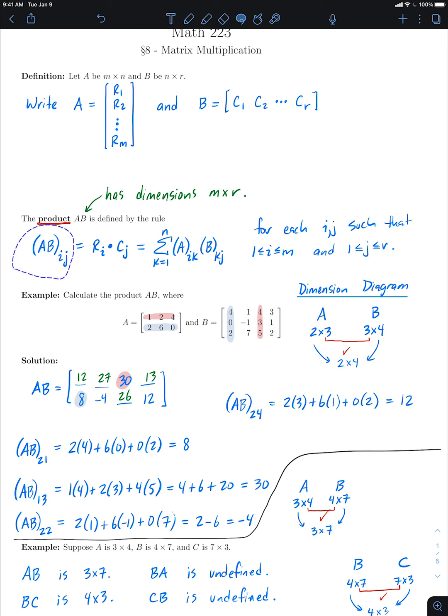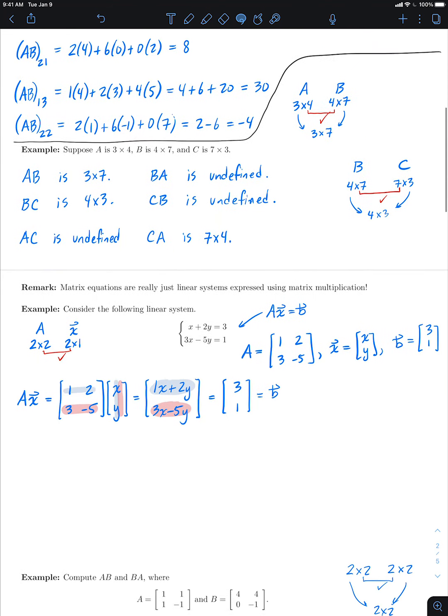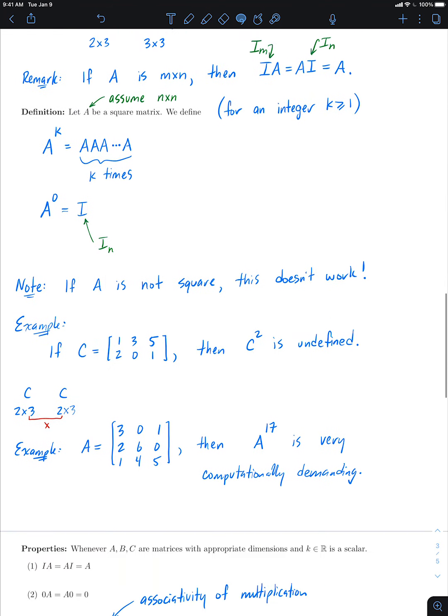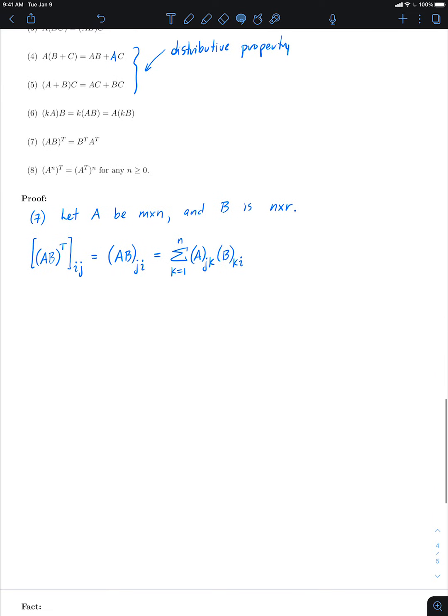The only difference is that our i and our j here are swapped. That's because of the transpose that we applied. We were looking at the subscript ji, the entry in the jth row and the ith column. So that's why the j and the i here are backwards.